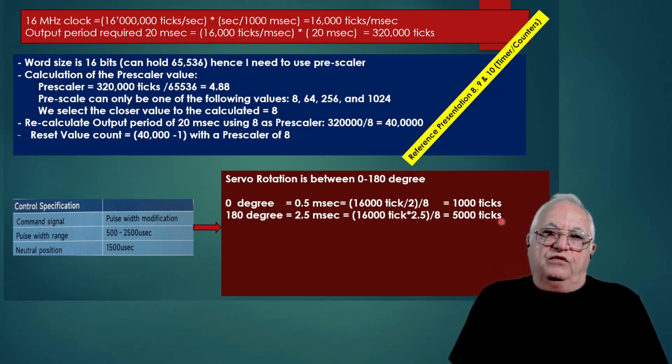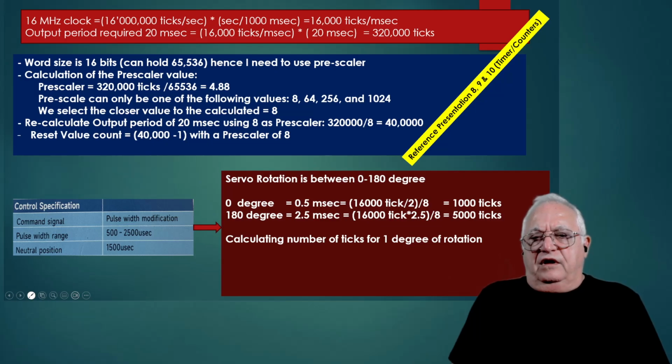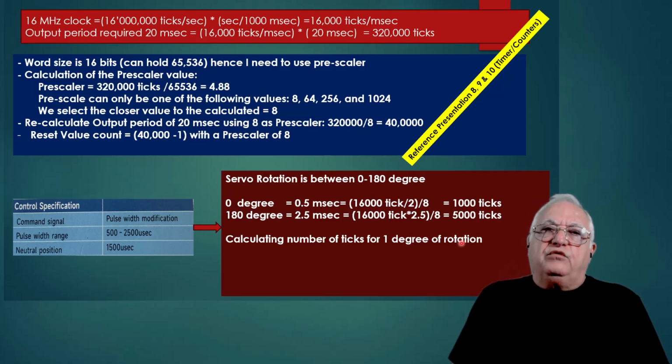So if I want to move my servo between 0 and 180 degrees, then I need to send between 1,000 and 5,000 ticks. So now let's calculate the value for the number of ticks for 1 degree of rotation.